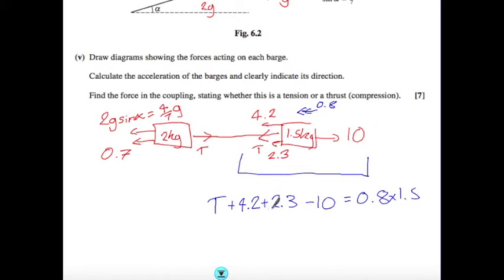So that gives us 6.5 minus 10 is minus 3.5. And this will be 1.2, I want to say. So T will equal 4.7 newtons, and that's positive, so we need to say that it's a tension.